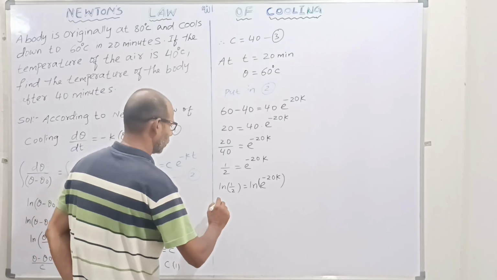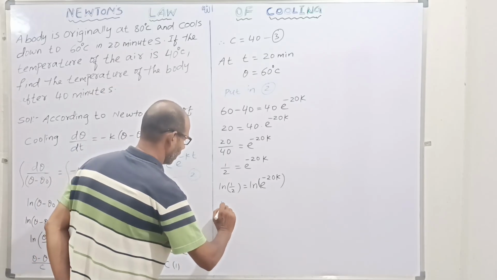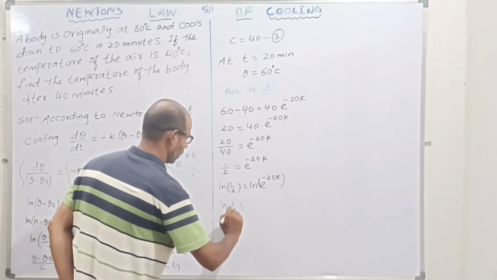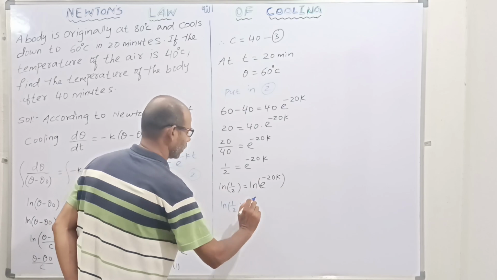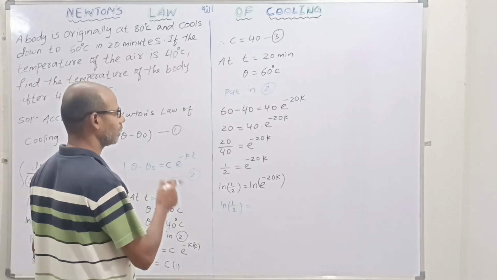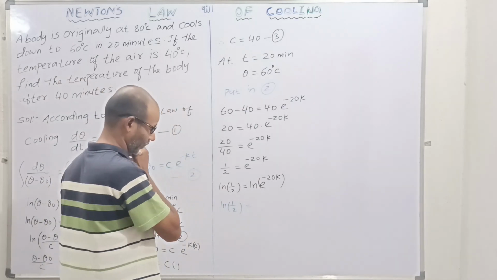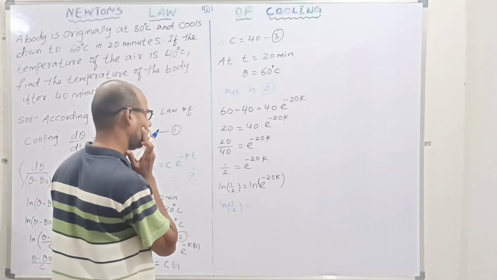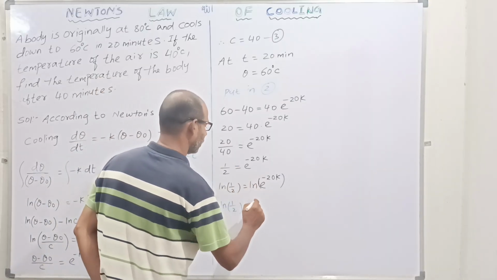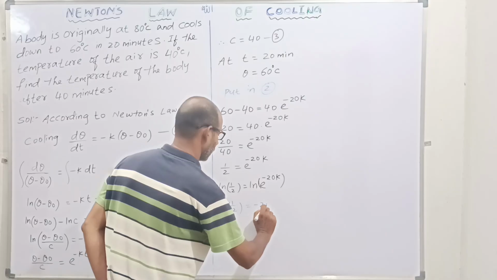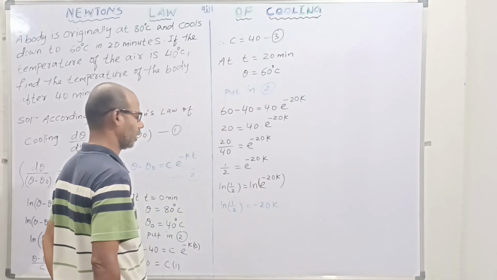So ln 1 upon 2 is equal to ln e to the power minus 20k. This will become minus 20k, right?